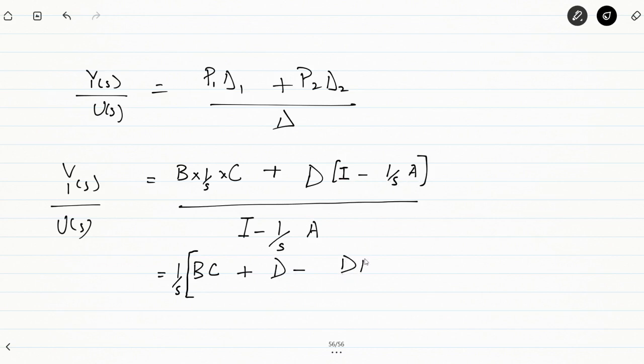So you can say this is d into a divided by s. Since we have taken s out, this will be s times d, and the 1 by s term here vanishes, divided by, again take 1 by s common here. Once you take 1 by s common here, this will become si minus a. Fine. So 1 by s and 1 by s cancels out. What you have here is bc plus sd minus da divided by si minus a.